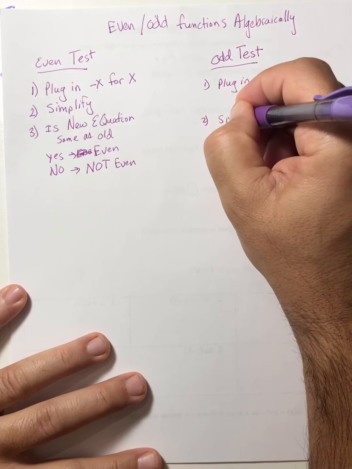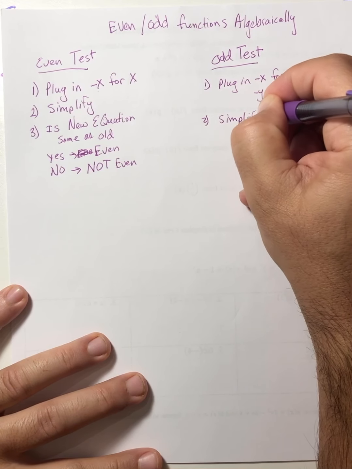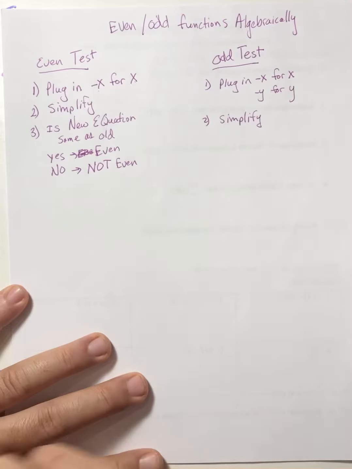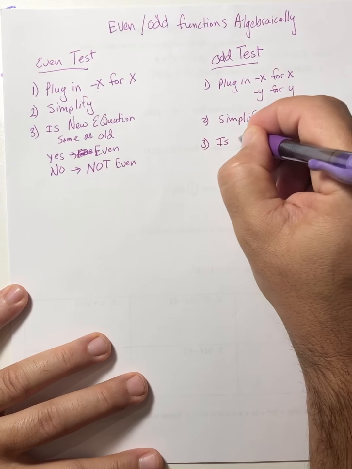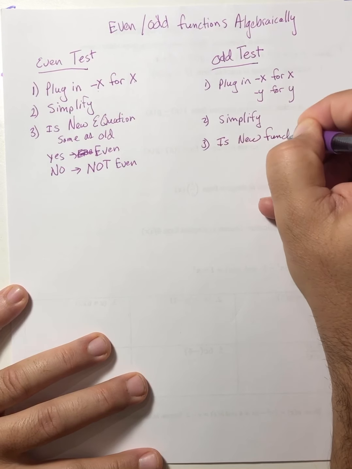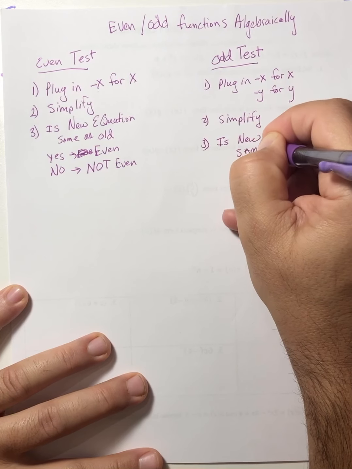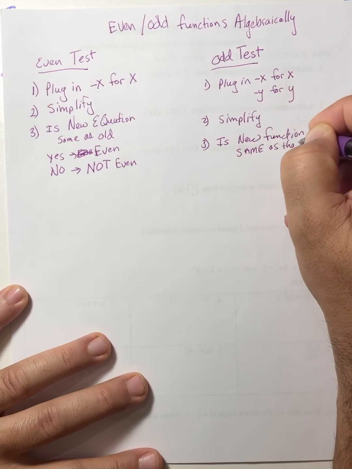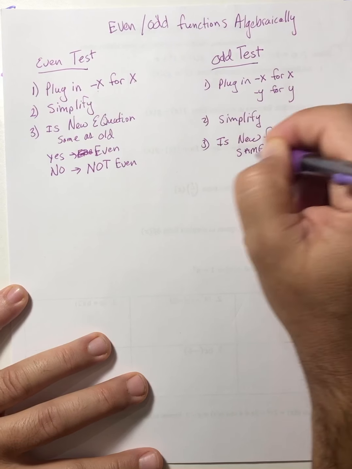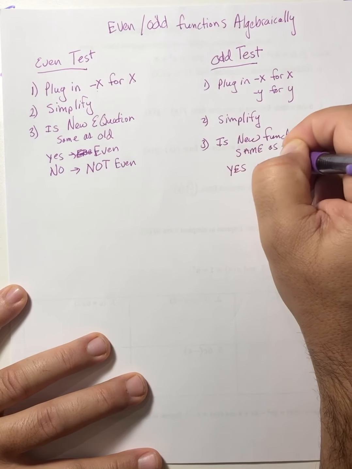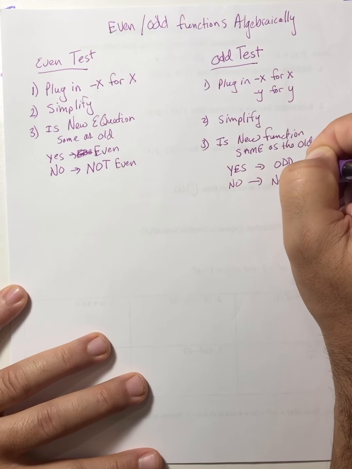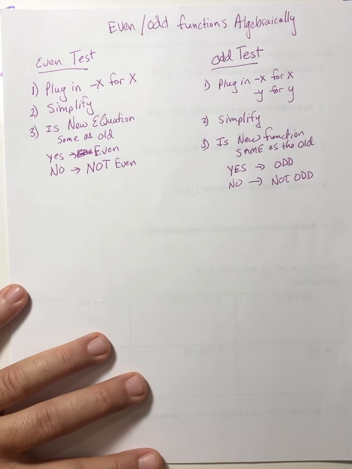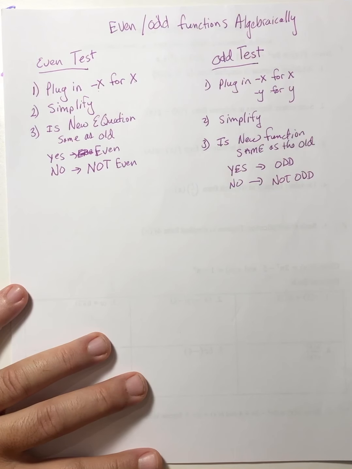Then we simplify, and we have that same question to ask: is the new function the same as the old? Are they equal? Yes, odd. No, not odd. So you always have to do both tests to know if it's an even function or an odd function.